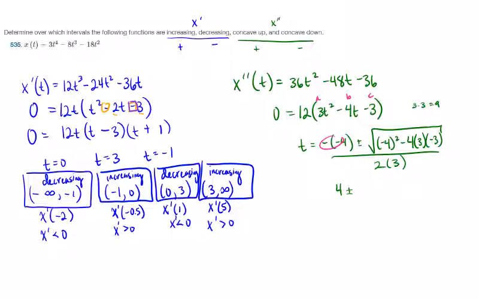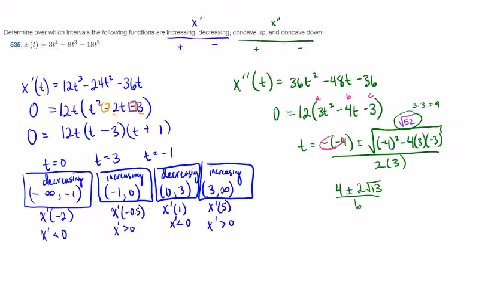Underneath this radical, negative 4 squared is 16, and then here we'll get positive 36. So 16 plus 36 is 52. So we'll get the square root of 52, and that simplifies to 2 root 13. And then 2 times 3 on the bottom is 6.